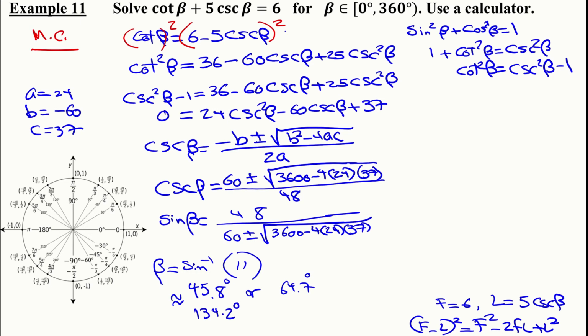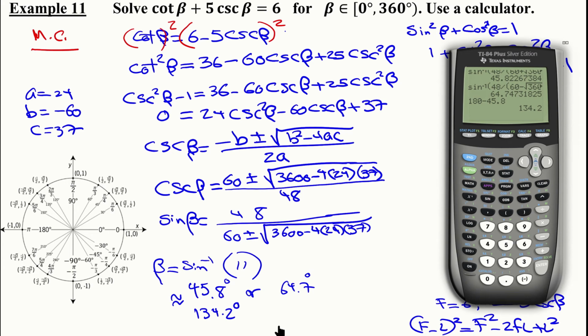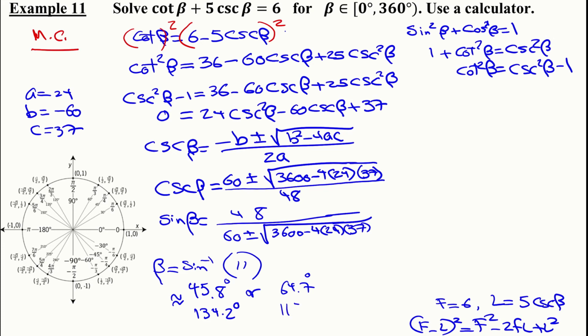That's the angle in the second quadrant that should work. And then we'll do 180 minus 64.7, and that gives us 115.3 degrees. All right, so these are our proposed solutions.